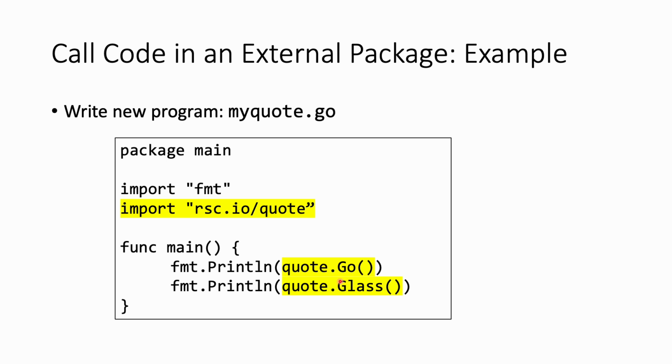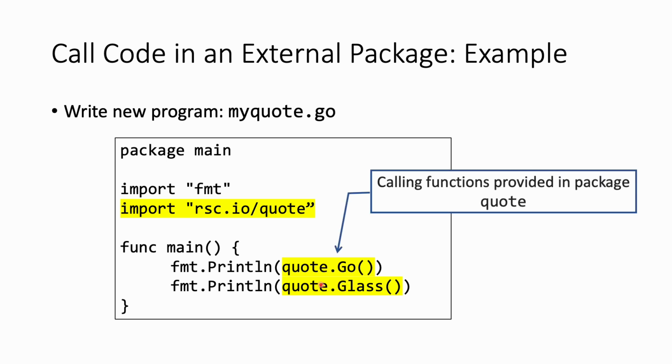Then in the main function, we call two functions provided in the package code. They are function Go and function Glass that we found in the page for the package code earlier.